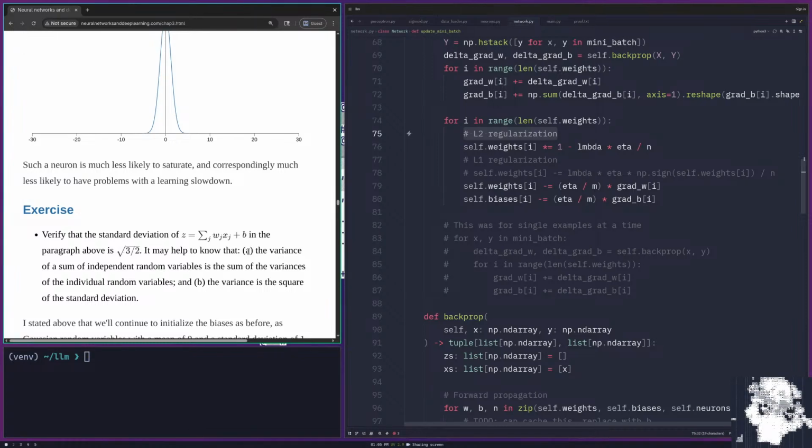It may help to know that the variance of a sum of independent random variables is the sum of the variances, and that the variance is the square of the standard deviation.